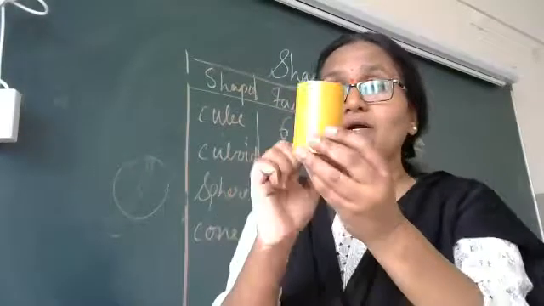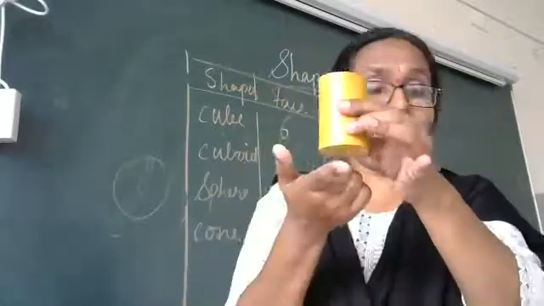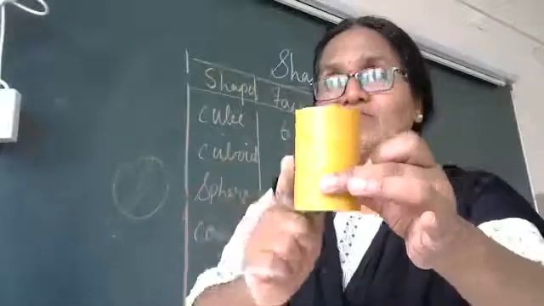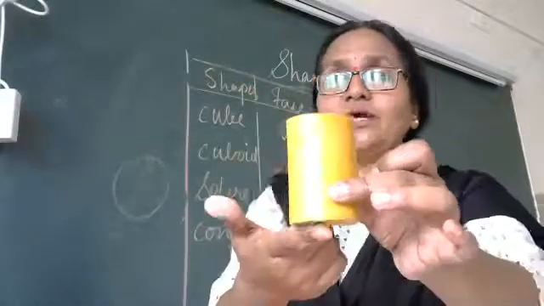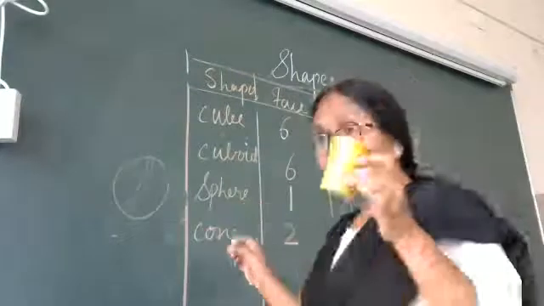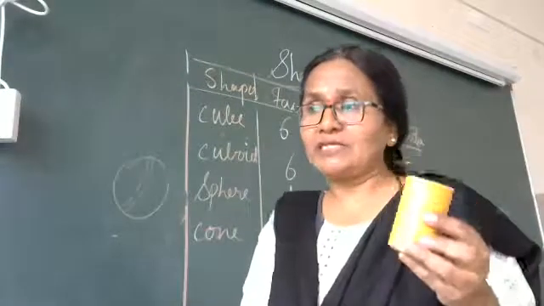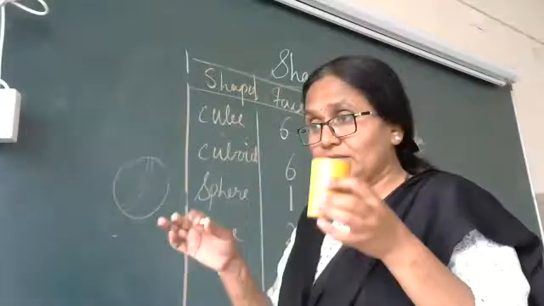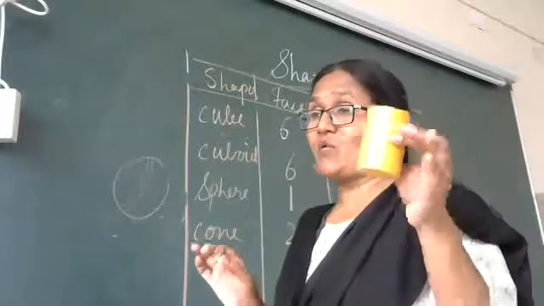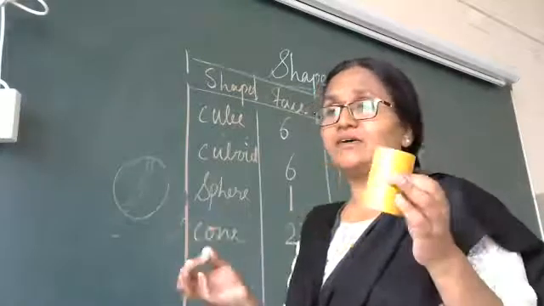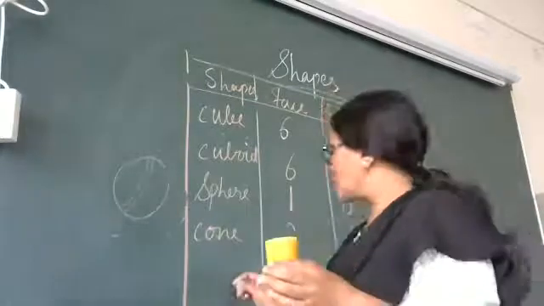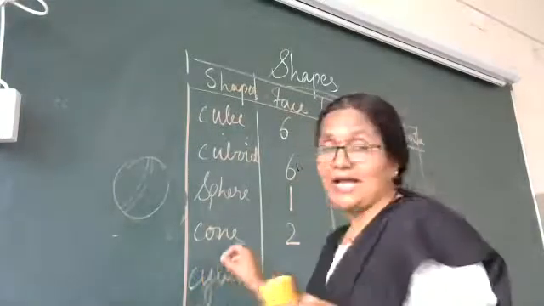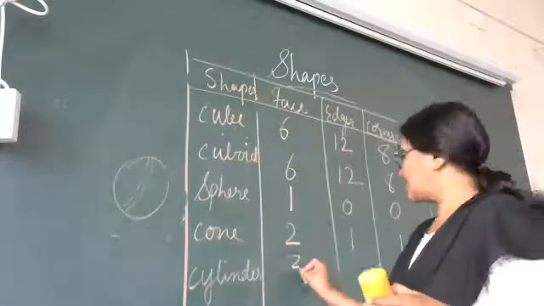So here one face, two faces, and 3. See here, children, the full shape is one face, up 2, down 3 faces. Today we are only learning how many faces, vertices, edges and all. More we will be learning about solid shapes. This is the base, what it consists of: the lines, the edges, the vertices, the corners. So the cylinder, how many faces does it have? 3 faces.